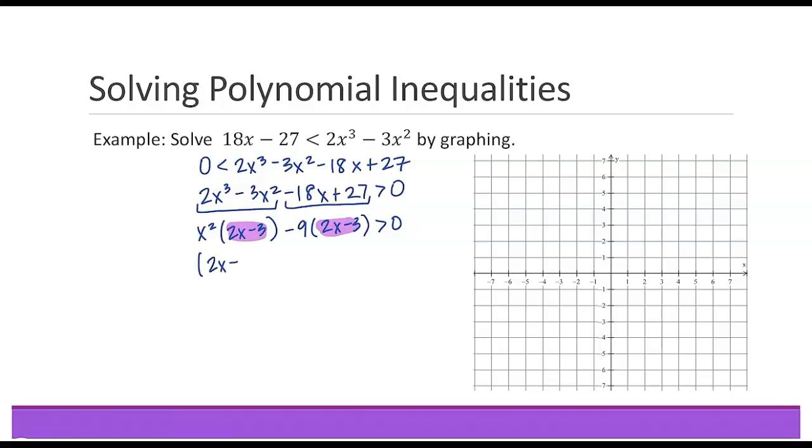So we have 2x minus 3 times what's left over from the first term, x squared, minus 9 left over from the second term. So, review of factoring by grouping. But x squared minus 9 is the difference of squares, so we have to factor completely. So we have 2x minus 3 times x plus 3 times x minus 3.